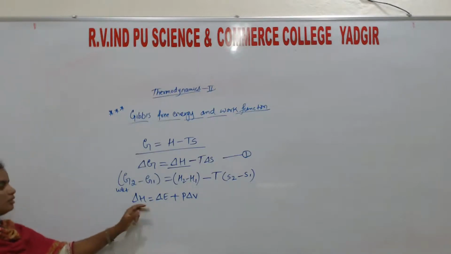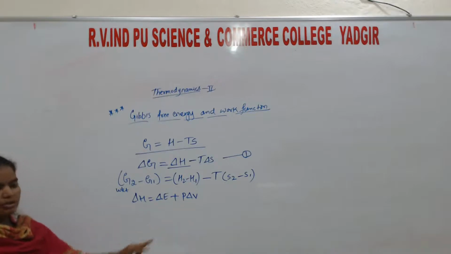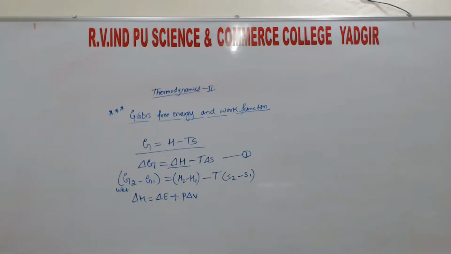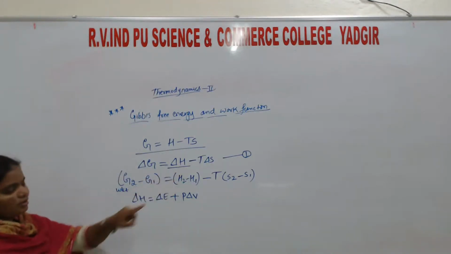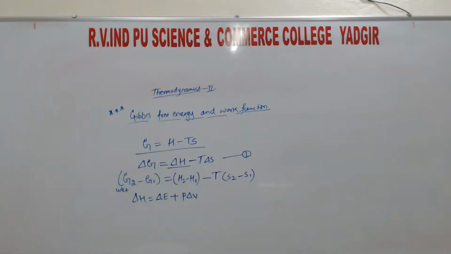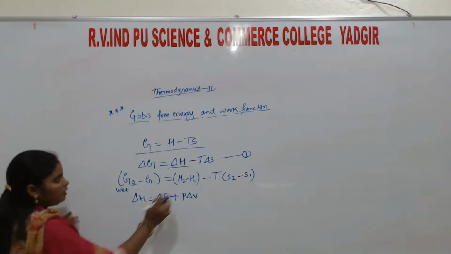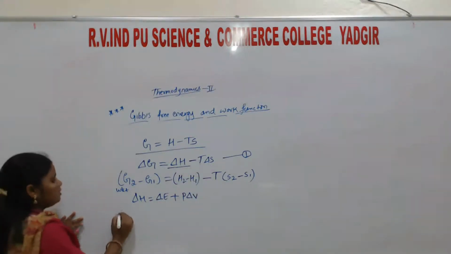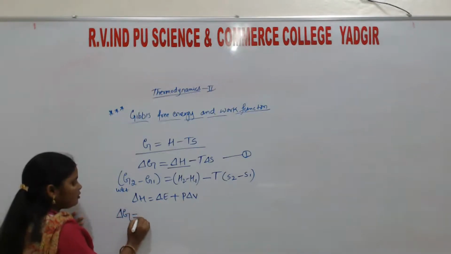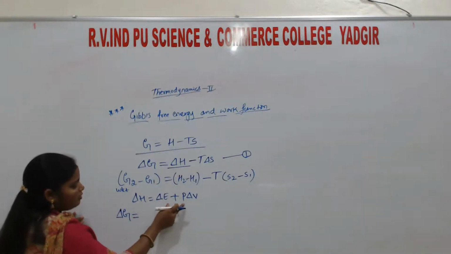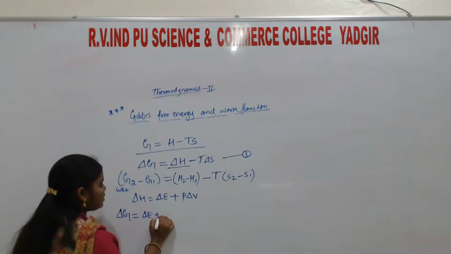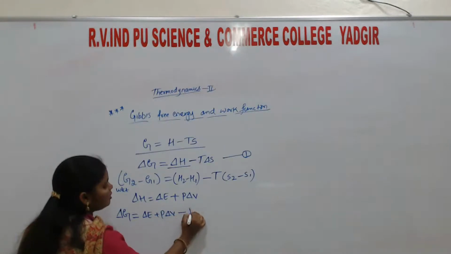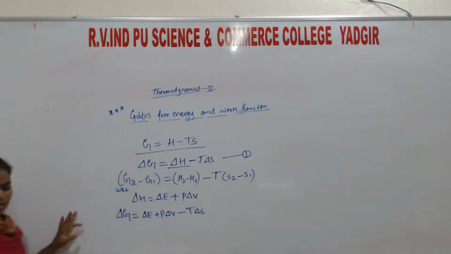Next you write delta G equals delta E. You substitute this value here: delta G equals delta E plus P delta V minus T delta S.